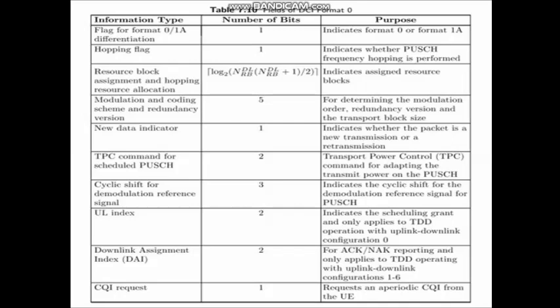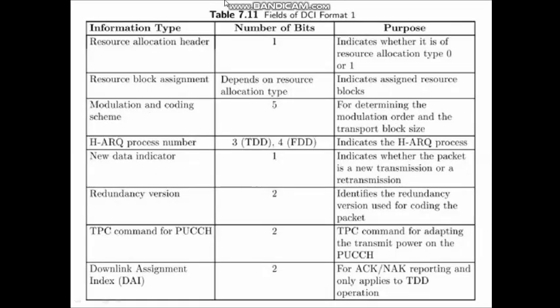Go through this slide's details. This table shows the fields of DCI format 1. This format 1 is used for scheduling of one PDSCH code word, physical downlink shared channel code word. Again, here information type, total number of bits used for that information type and purpose are given. Go through it.